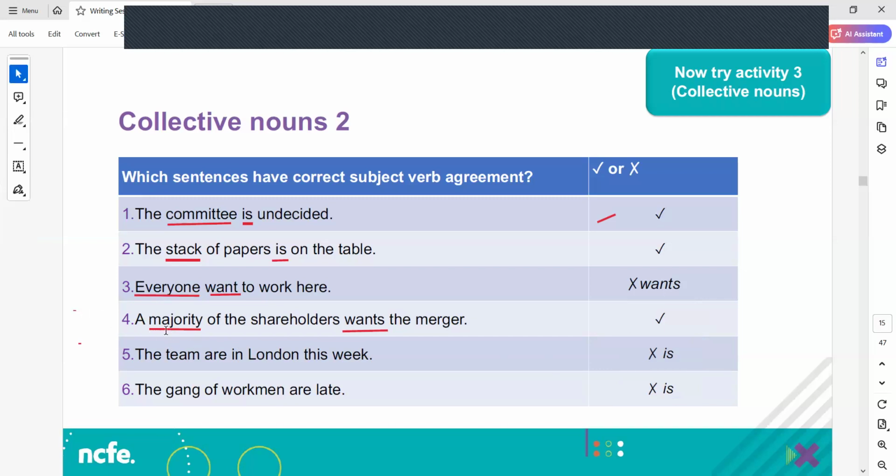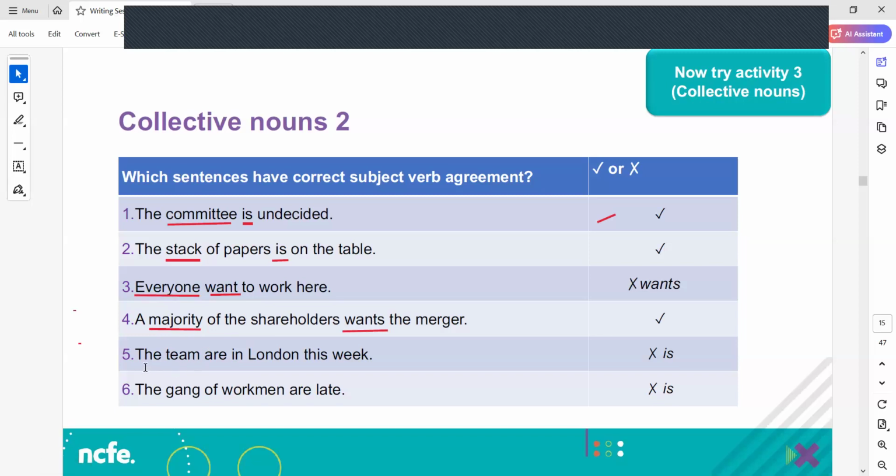In this sentence, the subject is the majority of the shareholders, but it's the majority that needs to agree with the verb. Okay, because if you think we're talking about our collective nouns, we're talking about the majority of the shareholders.